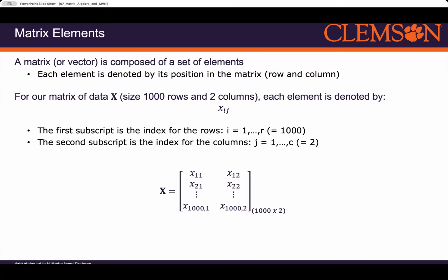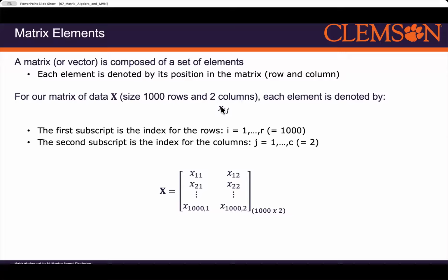So each matrix or vector, remember a vector is a matrix with one of the dimensions being size 1, is composed of a set of elements. The actual numbers in the matrix, one of those numbers is called an element. So for our matrix of data, capital X, which has 1,000 rows and 2 columns, 1,000 people and 2 variables, each element, each number, would be denoted by the letter x and 2 subscripts, i and j.